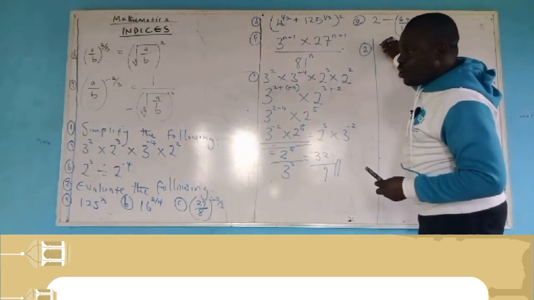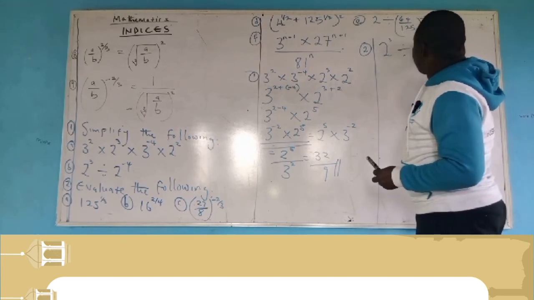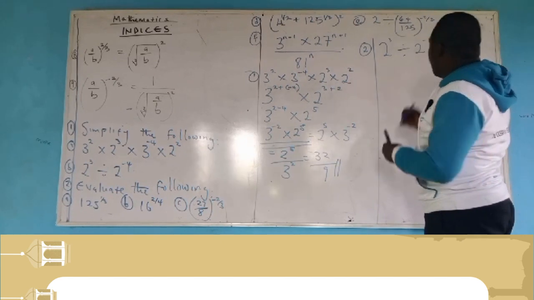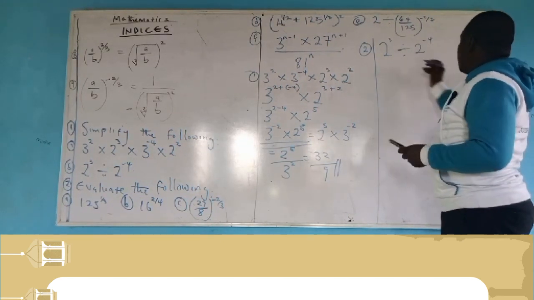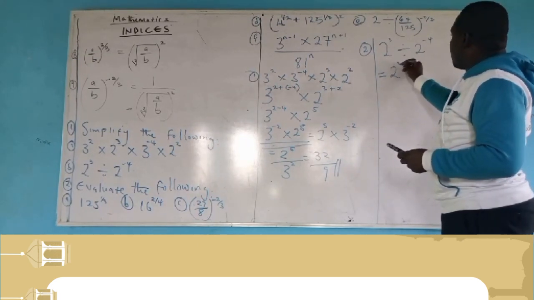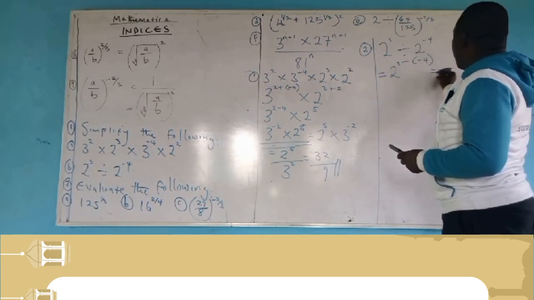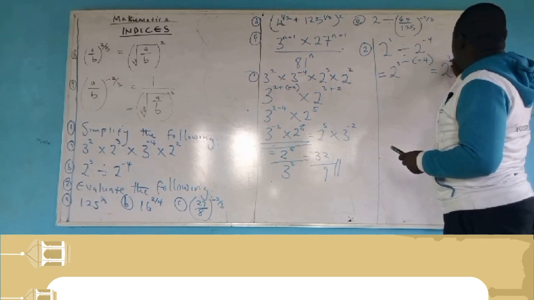From our division law, we have 2 raised to the power 3 divided by 2 raised to the power 4. Now from our law, we know that this is the same thing as 2 raised to the power 2. You can say now minus the bracket this. Automatically we have this now.